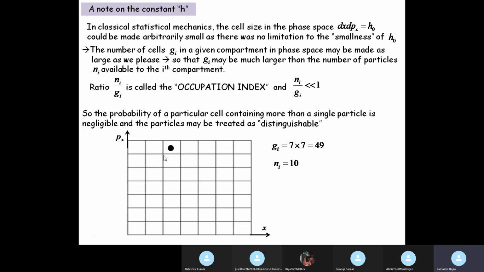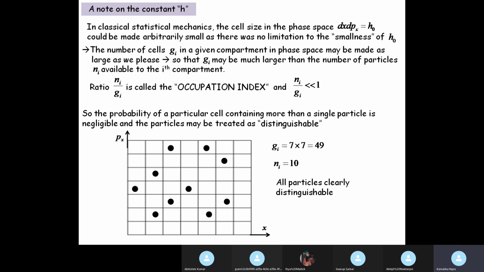So 10 particles. The first particle comes and chooses any one of the available points. The second particle comes and chooses the next. In this manner, the 10 particles sit in 10 seats, and obviously they are clearly distinguishable. They are clearly visible. There is no sharing of space required.